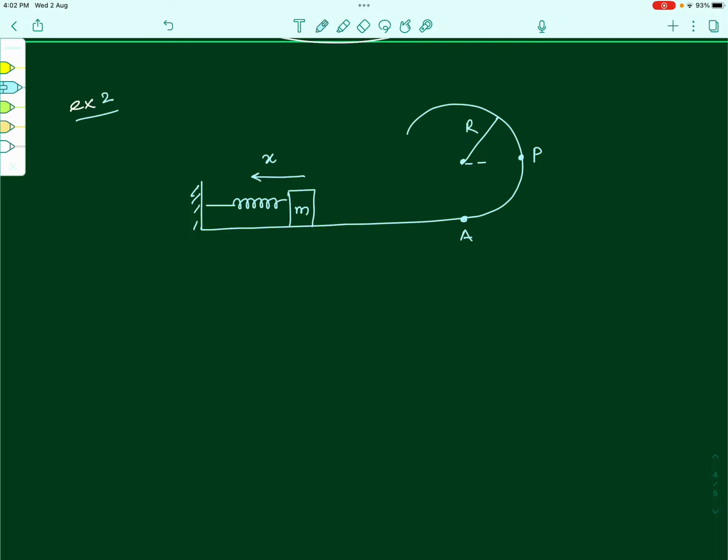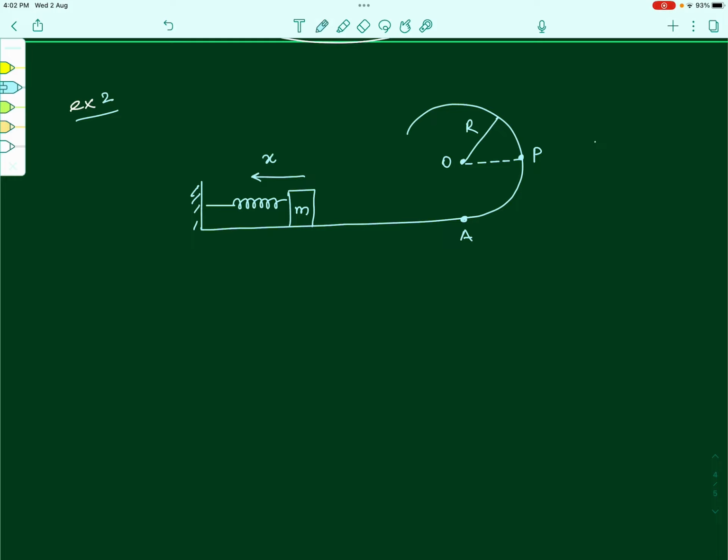The point P lies at the horizontal level of the center of the circular track, but on the track. So it is at the point P that the bob presses the track, creating a force on the track equal to mg.